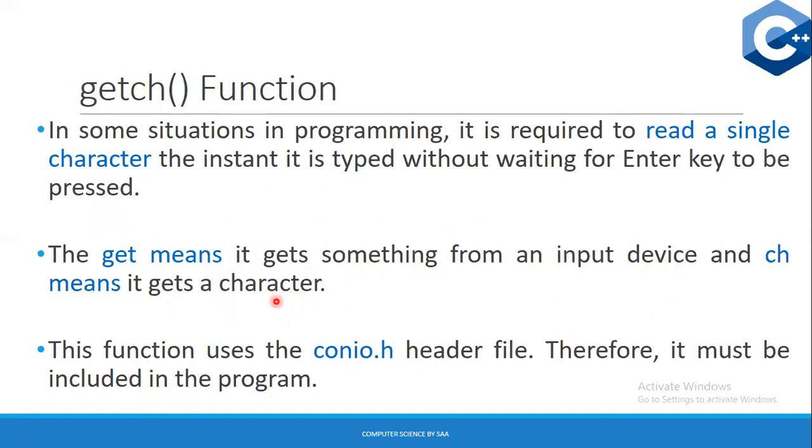So to use the getch function, we have to include the header file conio.h, because the definitions of these functions are present in another header file, that is conio.h.